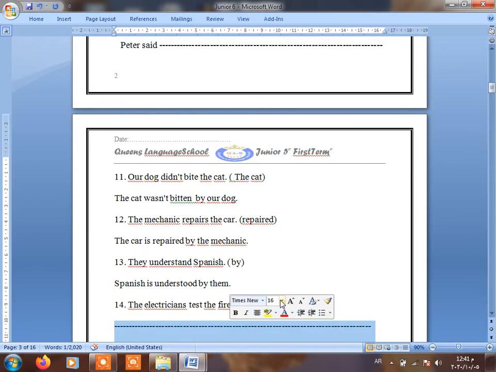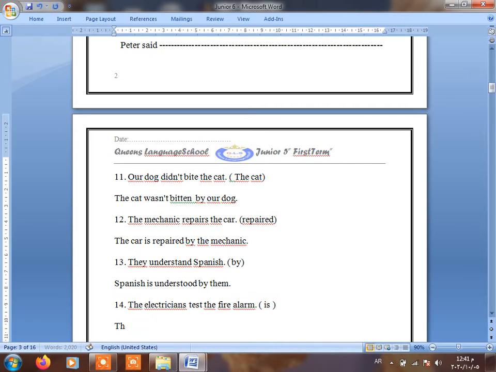So here the subject is the electricians, the verb is test, and the fire alarm is the object. So I will start with the fire alarm. So the fire alarm is tested by the electricians.